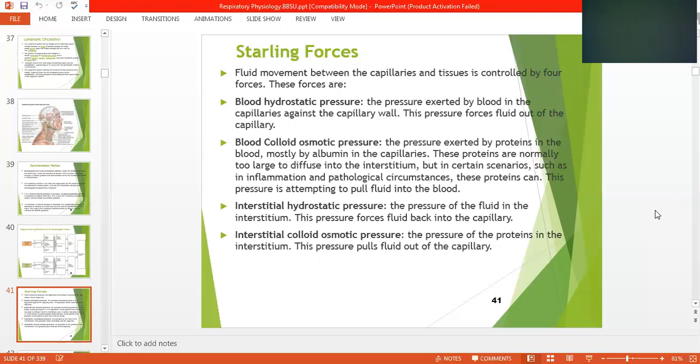Means in normal condition, protein cannot come out of the blood into the tissue, but in the case of inflammation, these proteins can come out of the capillaries and enter the tissues. This pressure is attempting to pull fluid into the blood.